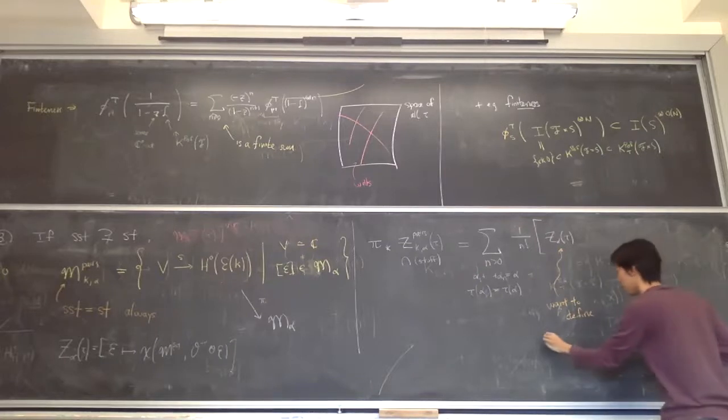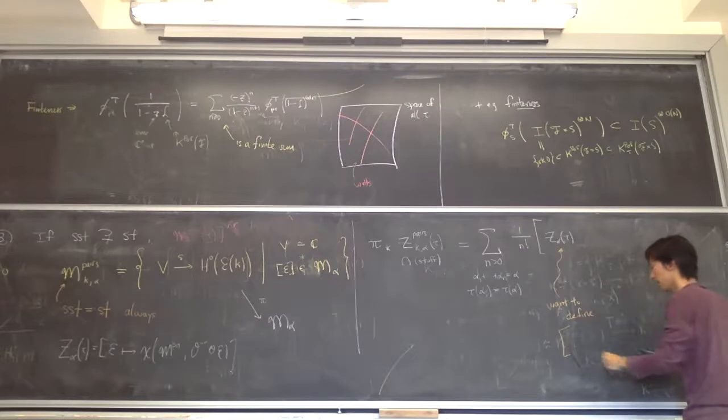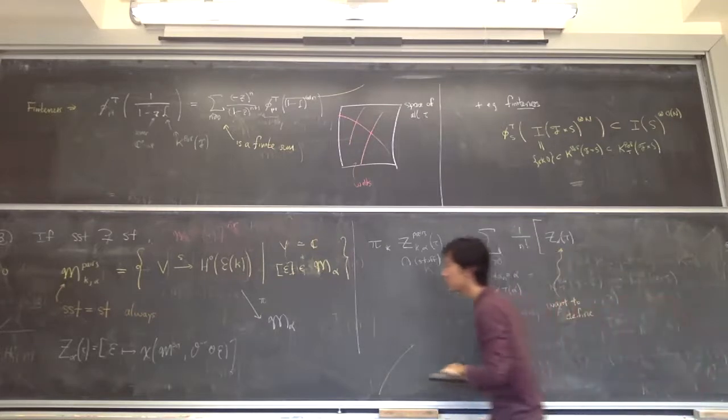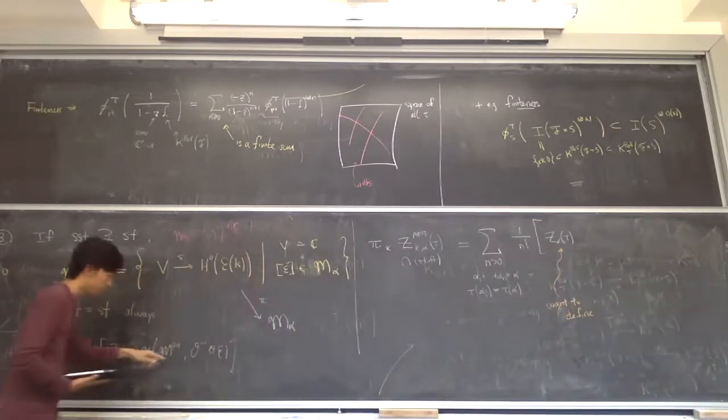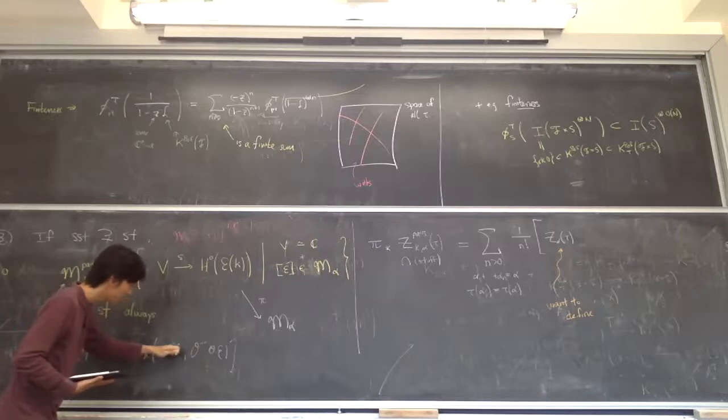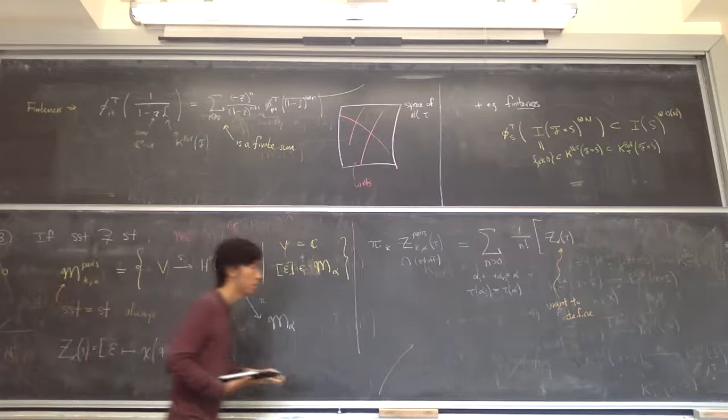You should think of them as roughly equal to these kinds of functionals, even if you don't have this virtual structure sheaf on the semi-stable vertex.